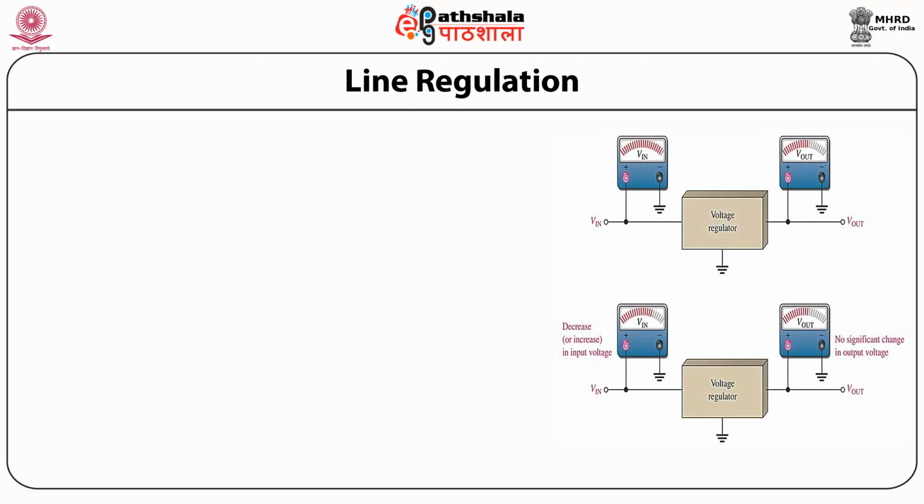First, let us discuss line regulation, which is schematically shown in this figure. Whenever there is a decrease or increase in the input voltage passed through the voltage regulator, there is no significant change in the output voltage.